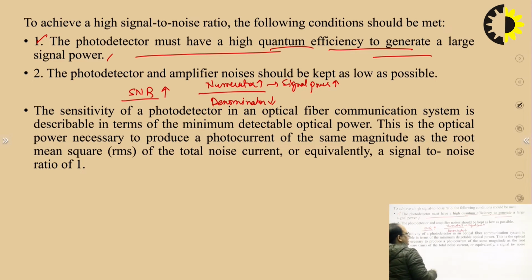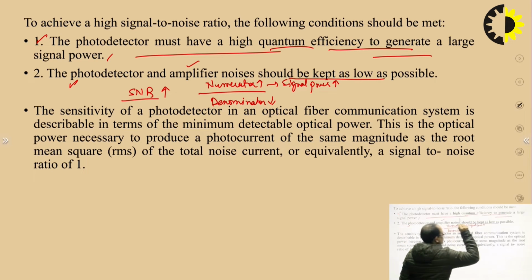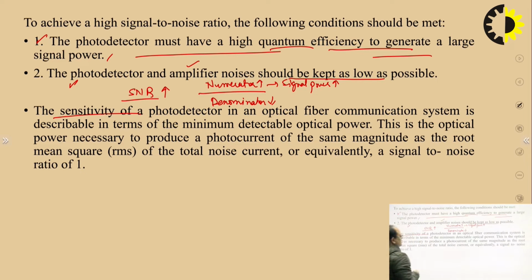Clear? And when I say the denominator should be minimum, it means the photodetector and the amplifier noise should be kept as low as possible. Okay? Now see, the sensitivity of the photodetector is also always determined by the multiplied photocurrent by the factor M. The sensitivity of the photodetector in optical communication can be described in terms of the minimum detectable optical power.